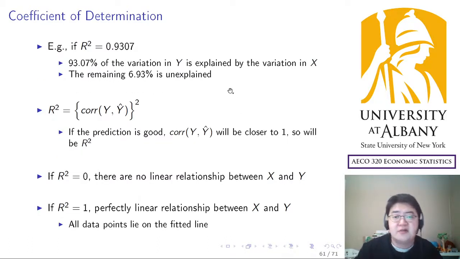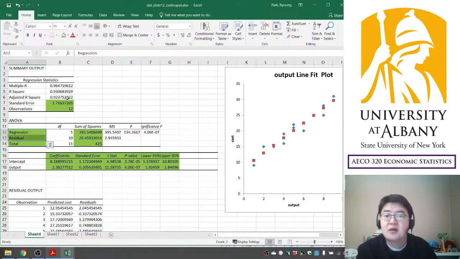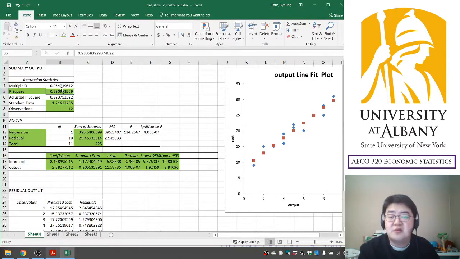In our example, R square was 0.9307. This is the r square, the coefficient of determination. Already it is written as r squared, approximately 0.9307.